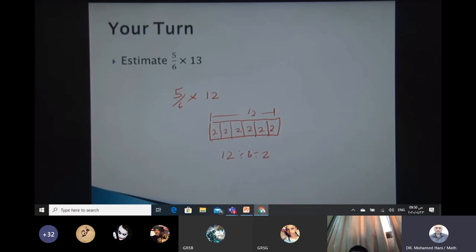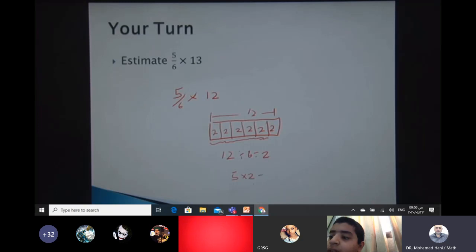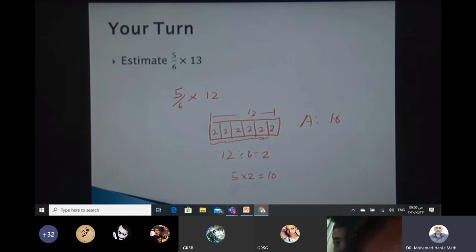I need 5 of these sections to find my answer, and I have 2 in each, so 5 times 2 gives me 10. So the answer to this one, 5/6 times 13, is about 10.